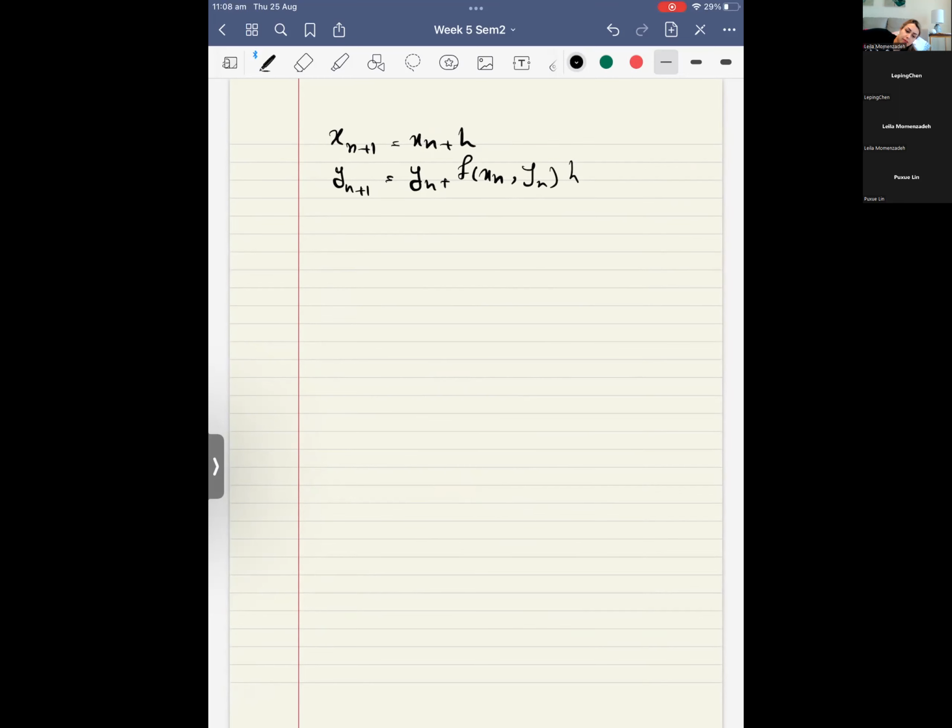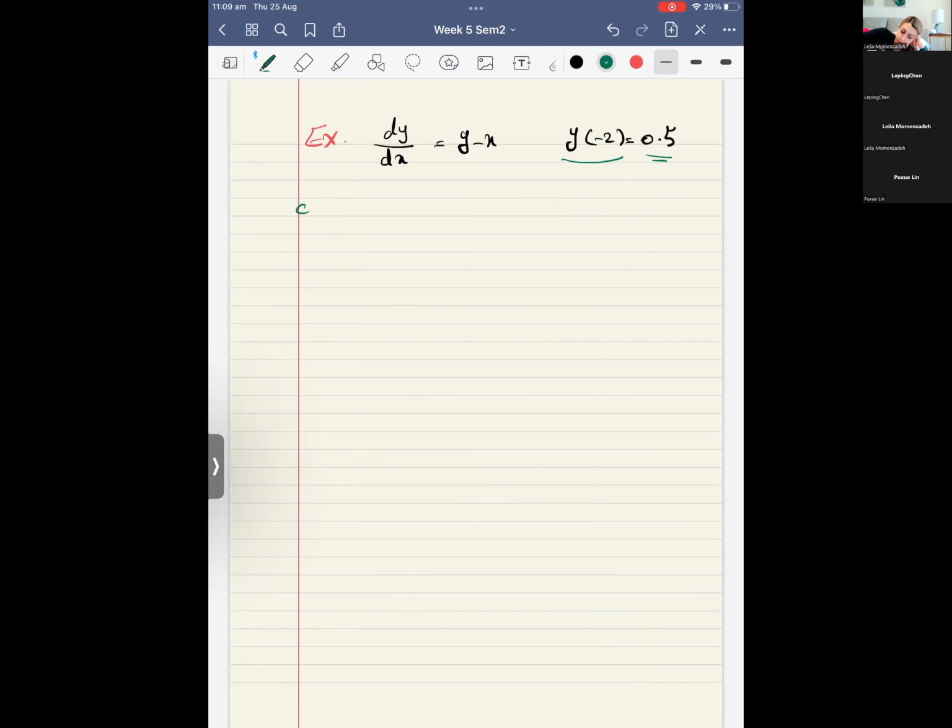Let me give you one example on this, and let's see how it looks. dy over dx equals y minus x, and y of minus 2 is 0.5. Let's see how we can choose h. As you can see here, y of minus 2 is 0.5.